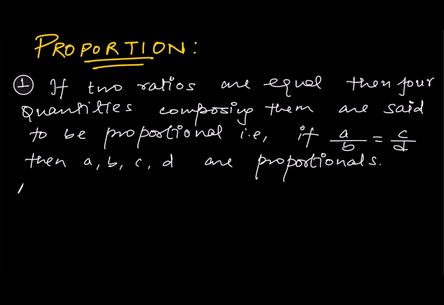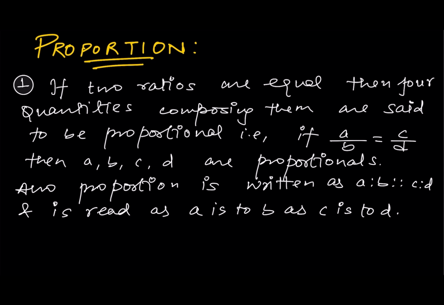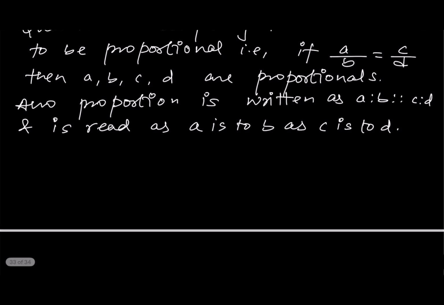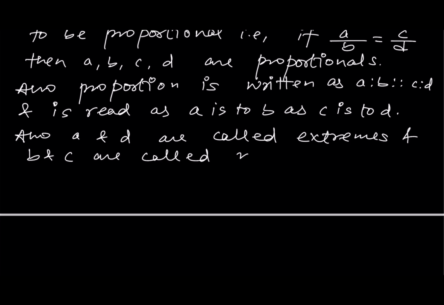And also proportion is written as A is to B as C is to D and is read as A is to B as C is to D, right? And also A and D are called extremes and B and C are called means.